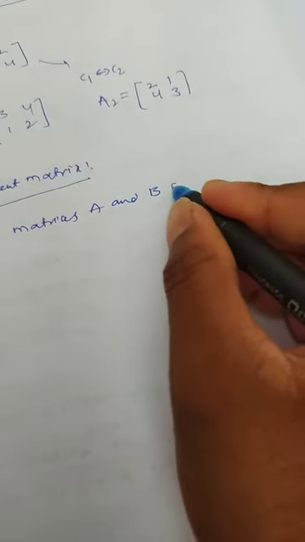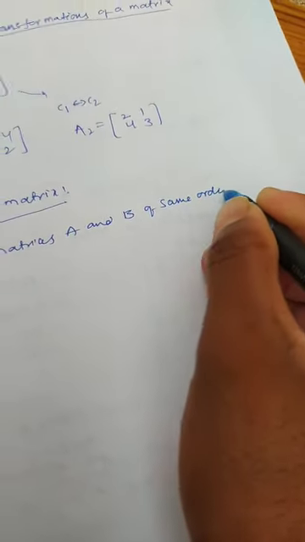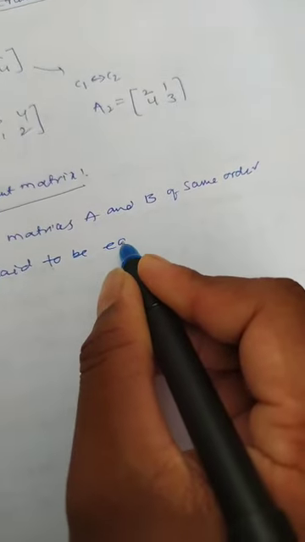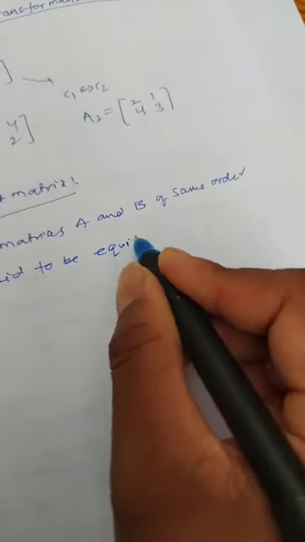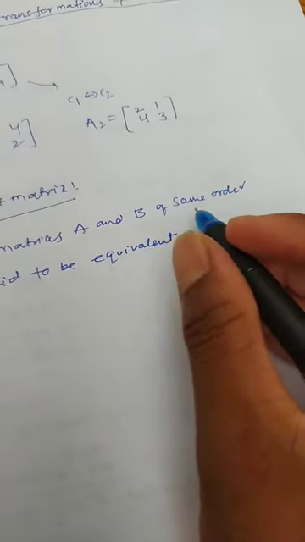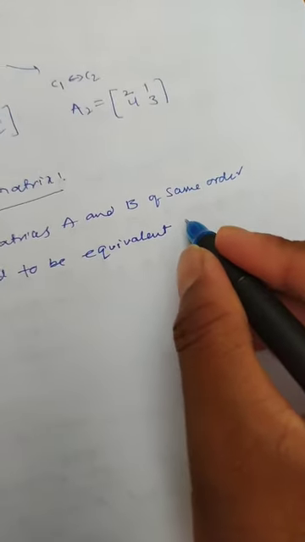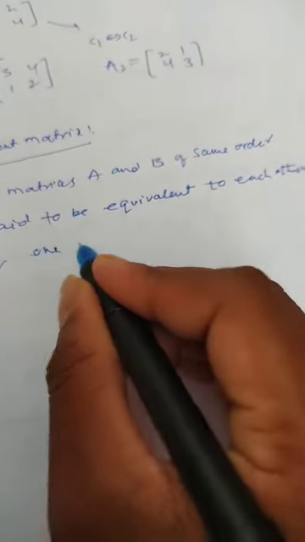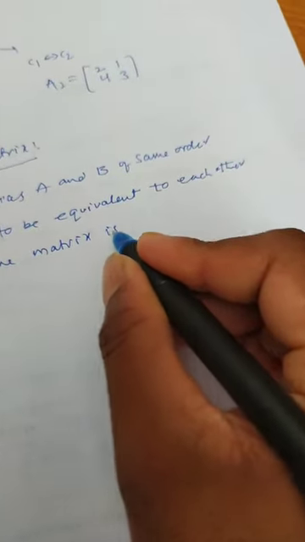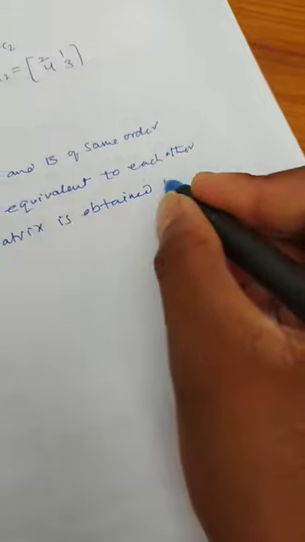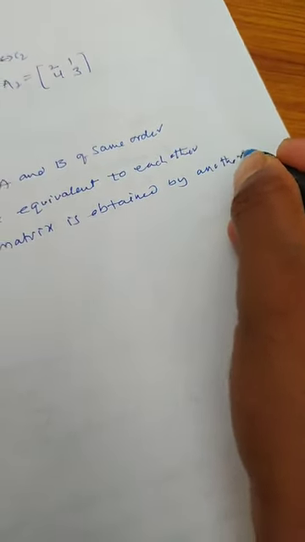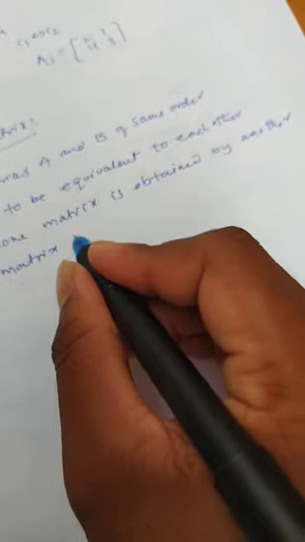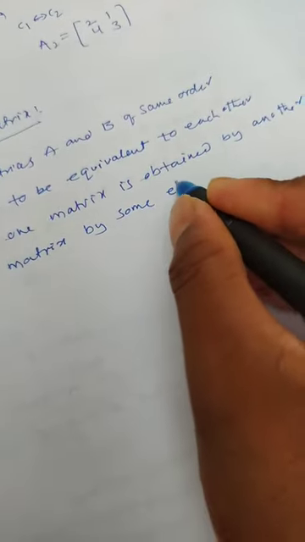Two matrices A and B of the same order are said to be equivalent to each other if one matrix is obtained from another matrix by some elementary operations.